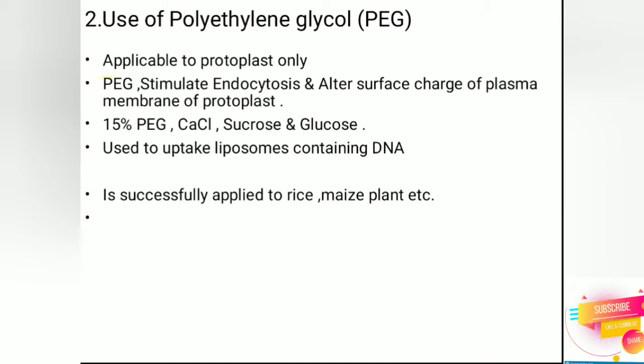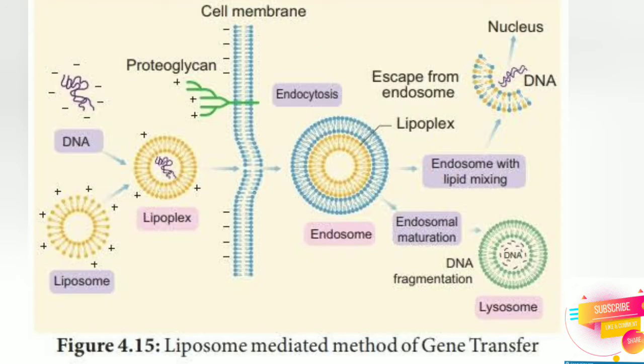It is applicable to protoplasts only. What is a protoplast? A cell without a cell wall is called a protoplast. This is used when liposomes are used as a vector, to uptake the liposome containing DNA.